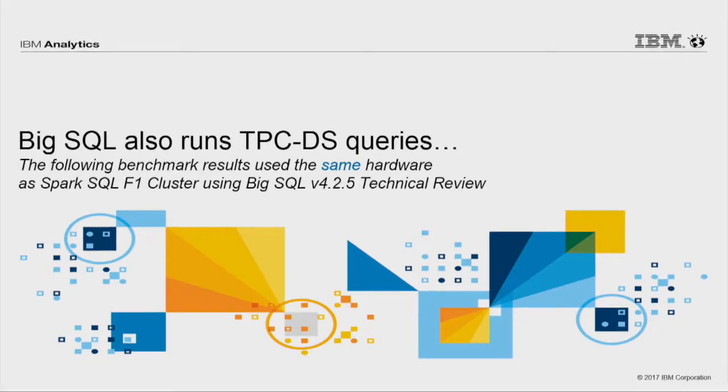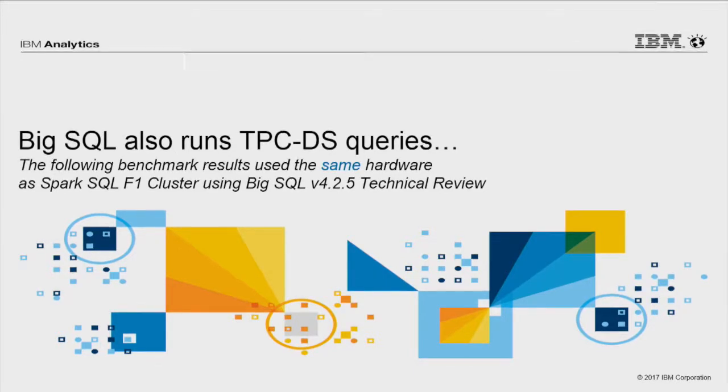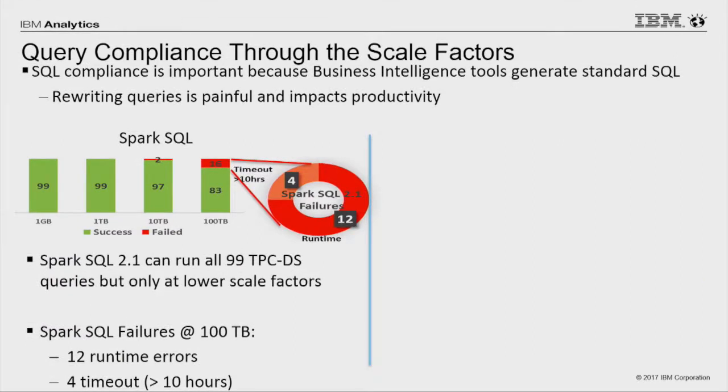That's a really cool machine, right? We didn't have time to regenerate the data. We used the exact same data sets they used, because it takes over 40 hours to generate the 100 terabyte data set, even on SSDs. So we used the same storage. We just threw Big SQL on the same machine, and I'm going to show you our results. So the teaser is, of course, I'm going to say it's faster.